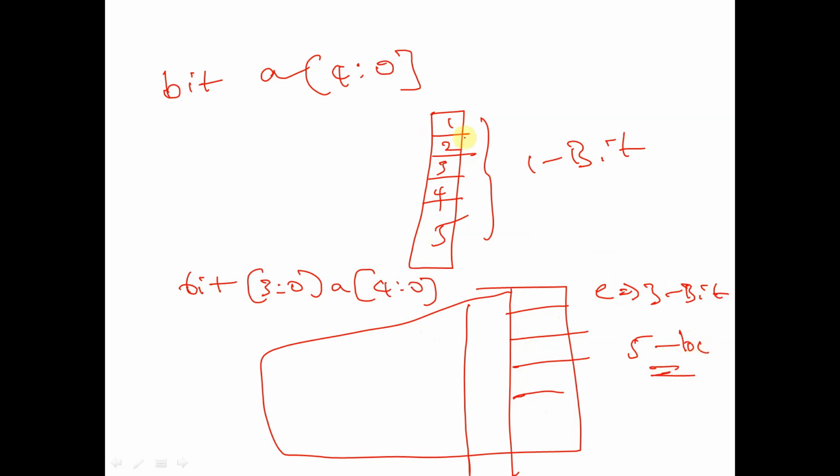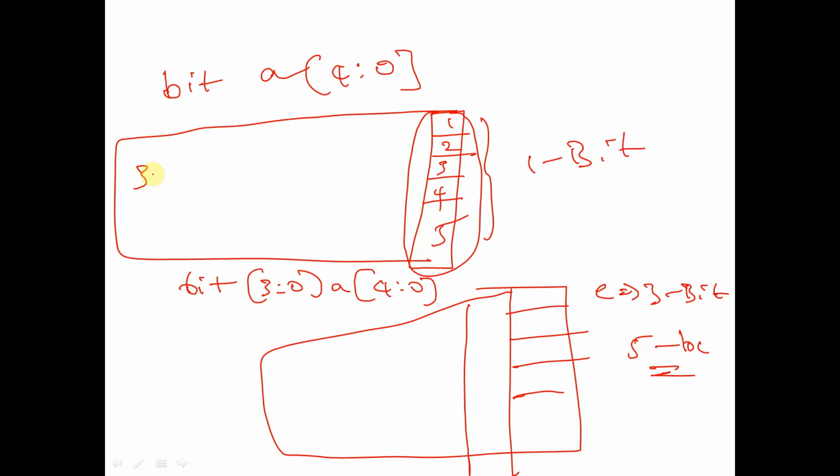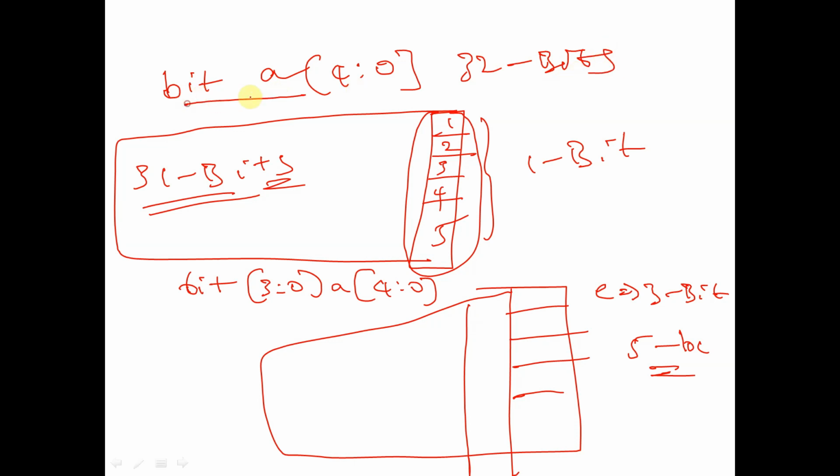Here we are simply seeing this 1-bit location only, but the simulator will still create 31 more bits. So it will create a 32-bit boundary for each location. Each location actually consists of 32 bits, but in this case we are declaring bit a 4 down to 0, so each location has only 1 bit.